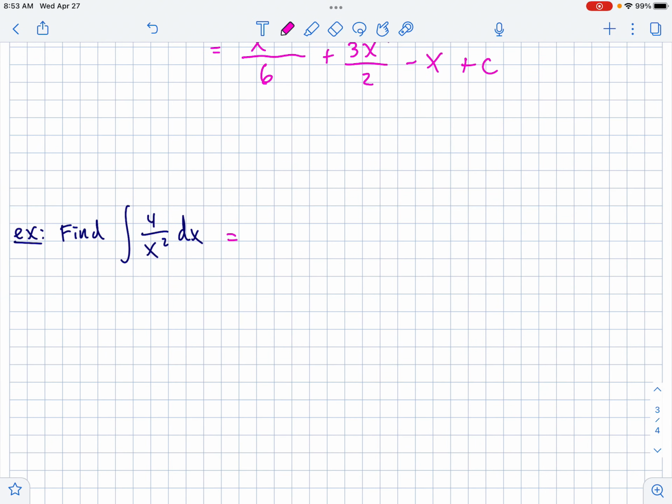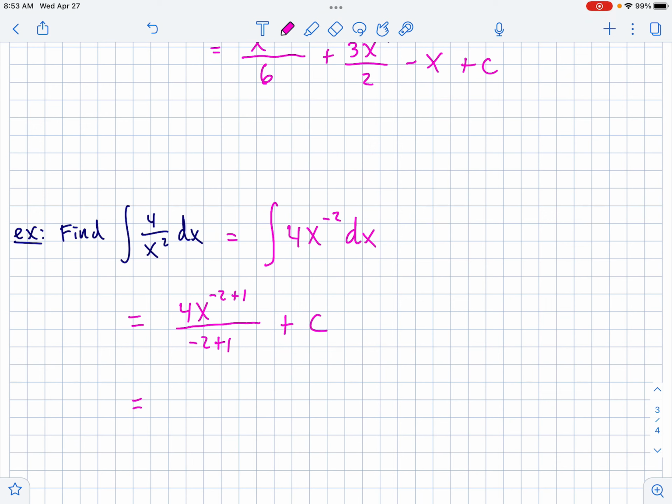Now for this one, you have to do a rewrite before you can integrate. So before we use any rule, I want you to rewrite that as 4x to the -2 dx. Then, using your power rule, it'll be 4x to the -2 plus 1 all over -2 plus 1, and then, of course, plus c on the end.